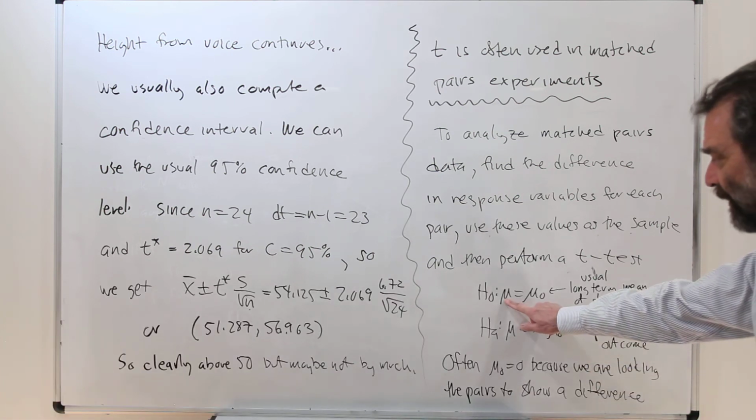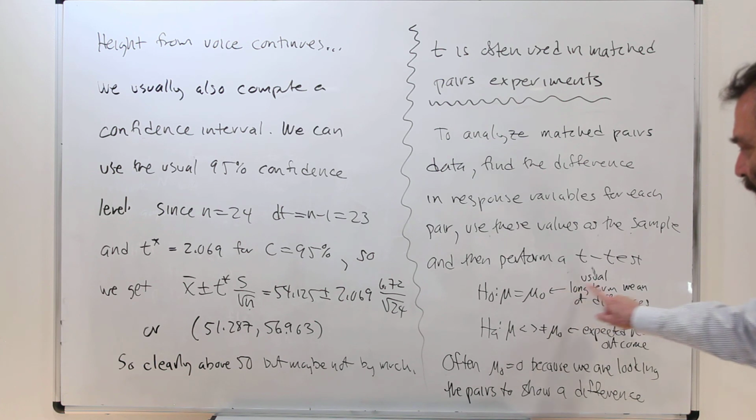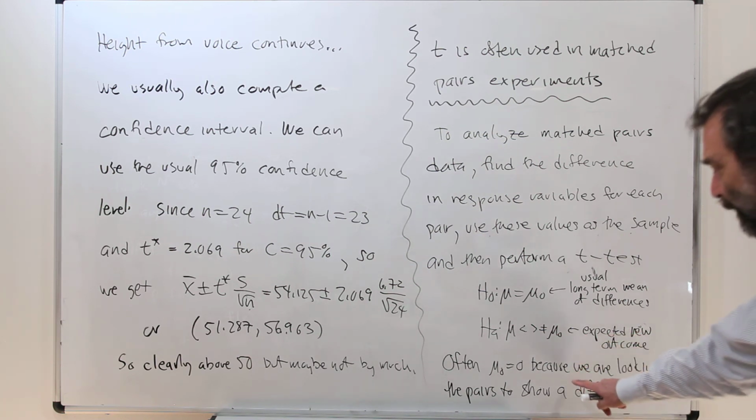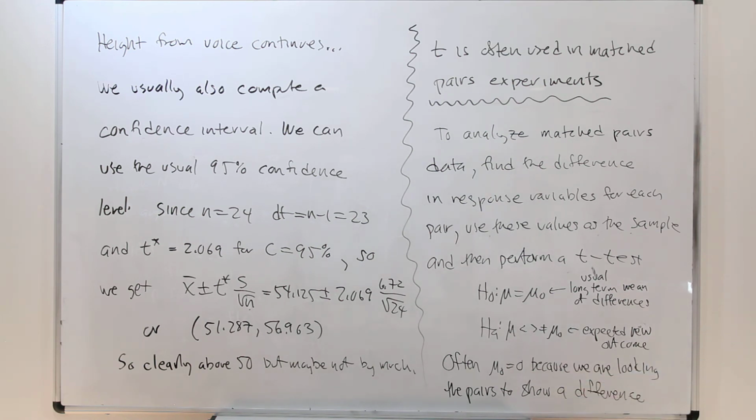And then the null hypothesis mean is mu naught, which is the usual long-term mean of the differences. So we're trying to give it evidence against the difference of the values, long-term, being some number. Lots of times that's 0, because we're looking for the pairs to show a change or to be different. And so the null hypothesis is that the pairs really are the same. They have the same long-term mean, so the differences would on average be 0.